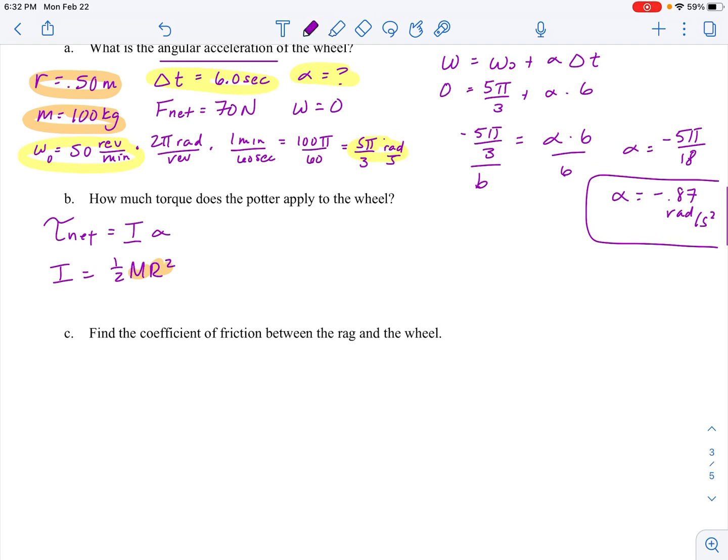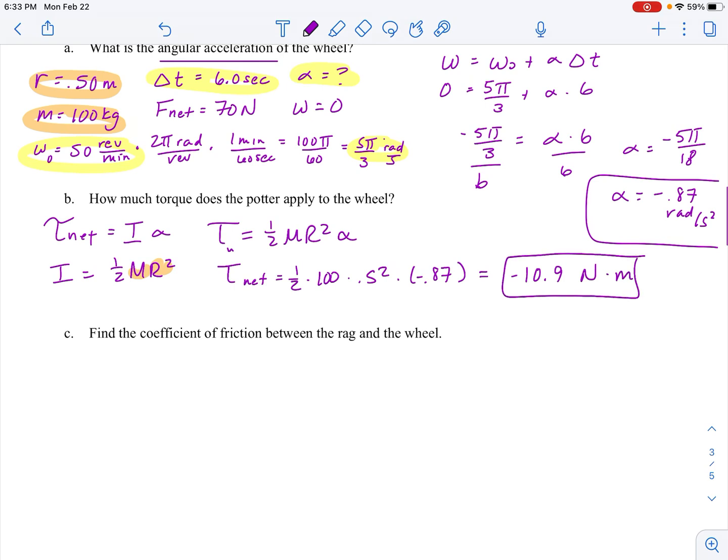So the net torque is equal to the moment of inertia, which is 1/2 mr squared, times alpha, the angular acceleration. So the net torque is 1/2 times 100 times 0.5 squared times negative 0.87. I would put that into my calculator, and I get, pardon me, negative 10.9. And the units on that are Newton meters.